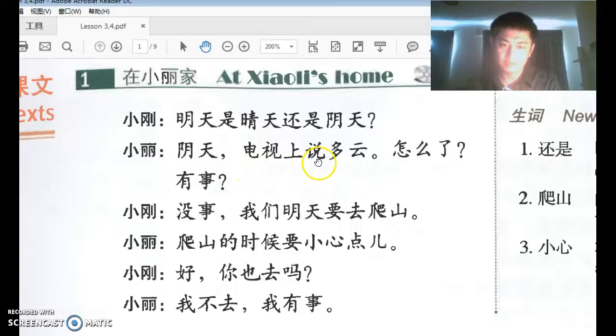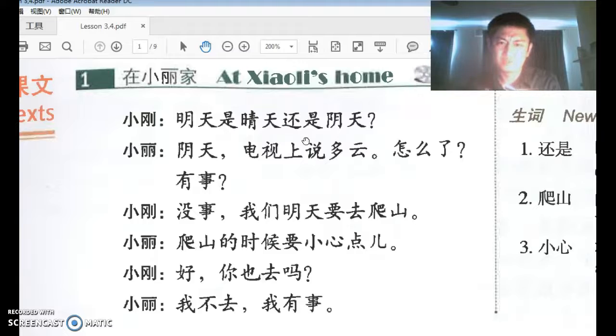电视上说多云。多云 is a special word. It's one word, literally meaning many clouds, or the word means cloudy. 电视上, on the TV it says. Here there's an it in English, but it's omitted in Chinese, so we don't have that concept of it.